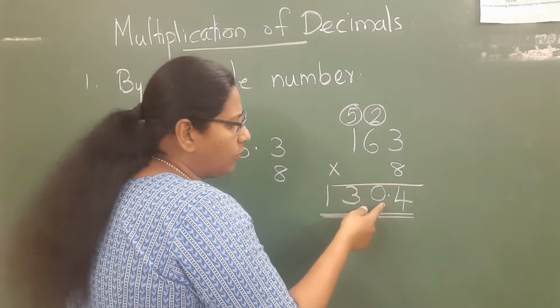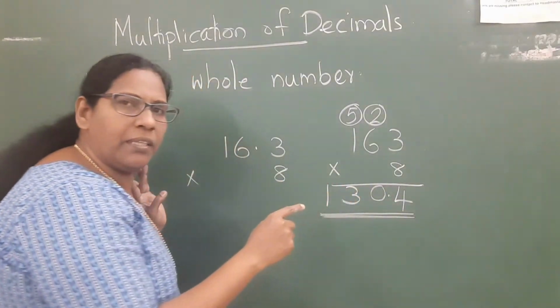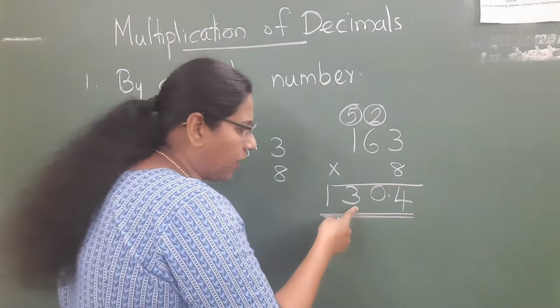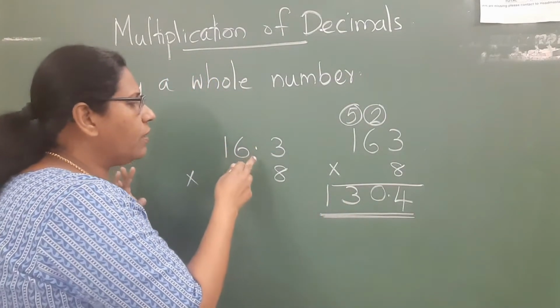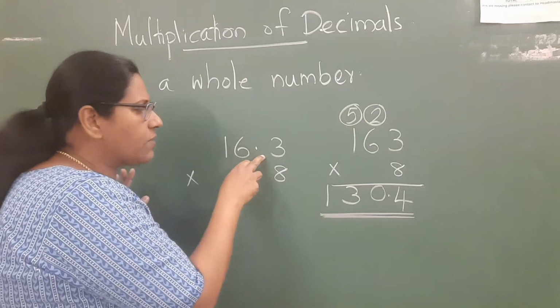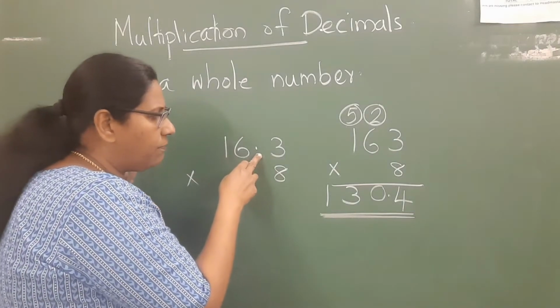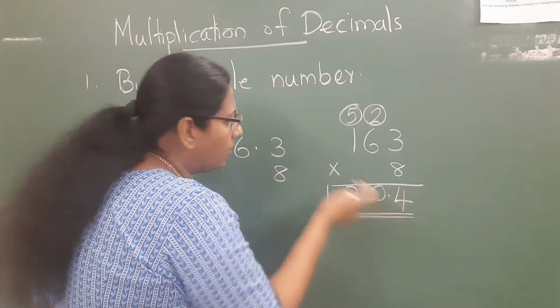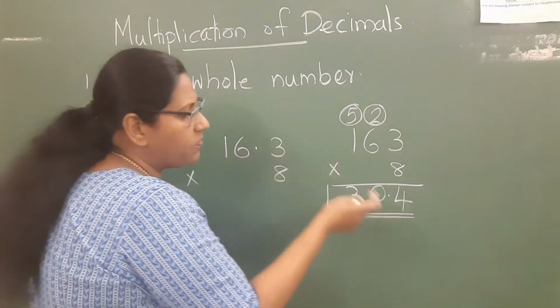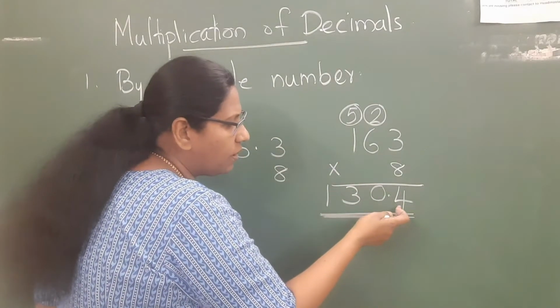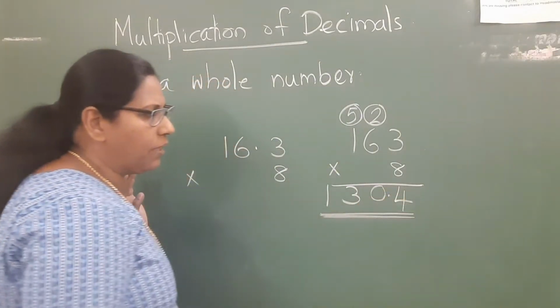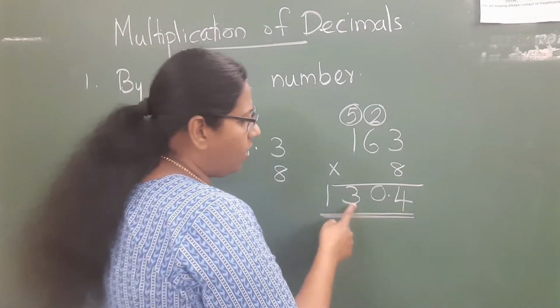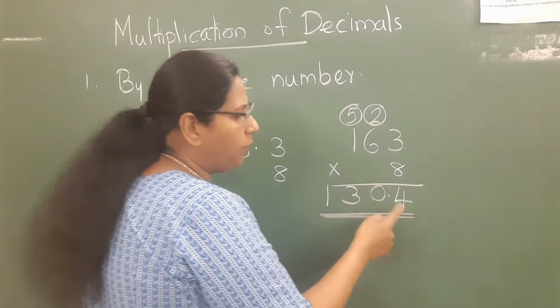After doing the multiplication we get the product. After getting the product, we count after how many places we had the decimal. So here only 1 place. Here in the product after 1 place we put the decimal and then we get the answer 130.4.